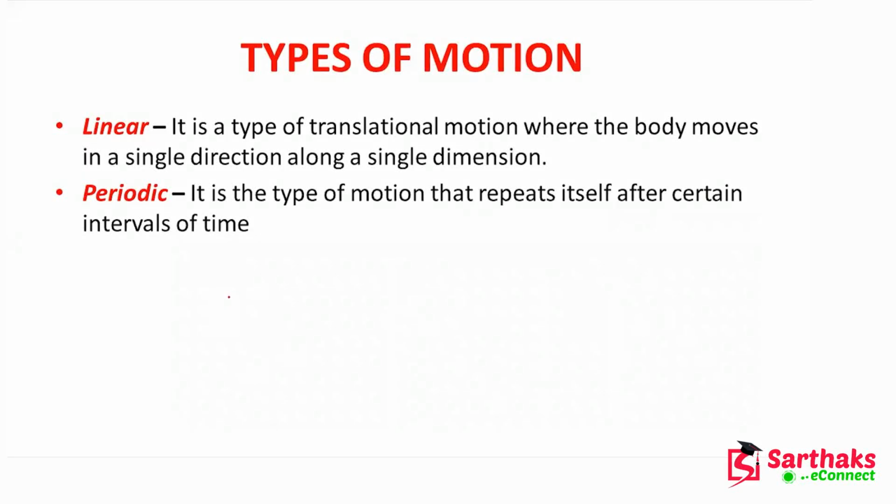Next is the linear motion. Linear motion is actually translational motion. It is one type of translational motion where the body moves in a single direction along a single dimension. Then periodic motion is the type of motion that repeats itself after a certain time interval.